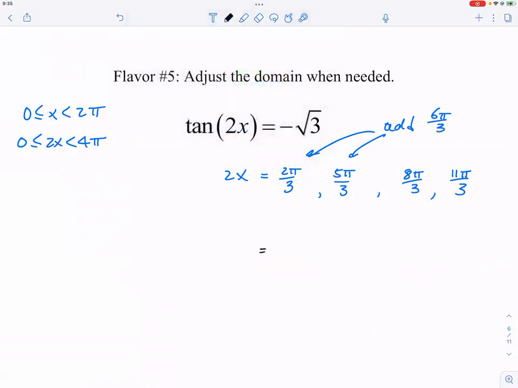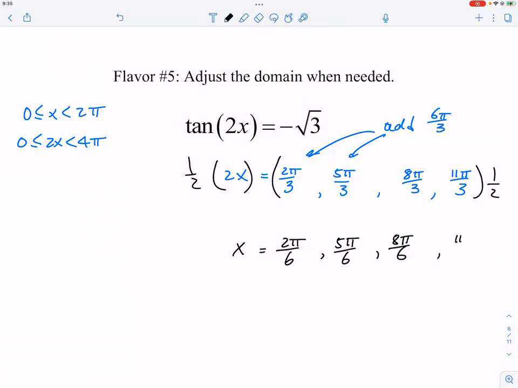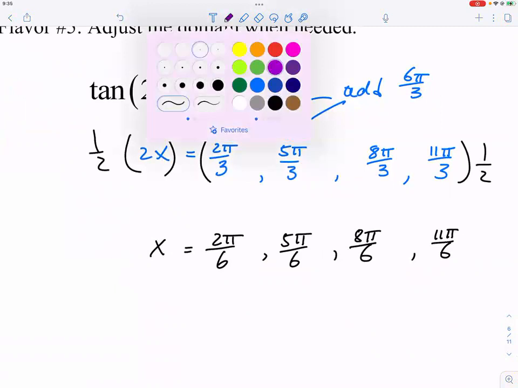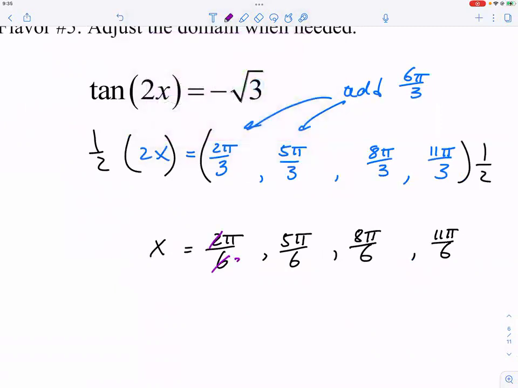And dividing by 2 on both sides, or multiplying by 1/2 on both sides, you now have 2 pi over 6, 5 pi over 6, 8 pi over 6, 11 pi over 6. Since you see some of the even numbers, you want to cancel them out. So that's just pi over 3, and that's just 4 pi over 3.